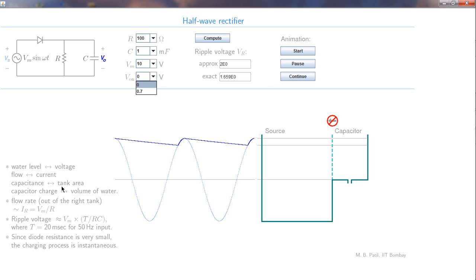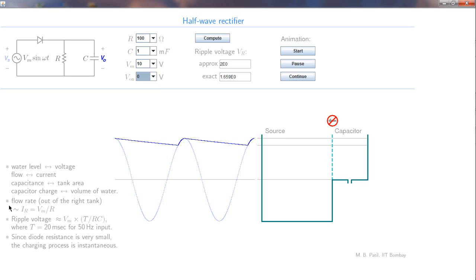Capacitance corresponds to the area of the tank. For example, if this tank was wider, then that means the capacitor is larger, and the capacitor charge is equivalent to the volume of the water inside. So if this tank has a certain volume of water, that corresponds to the charge on the capacitor.